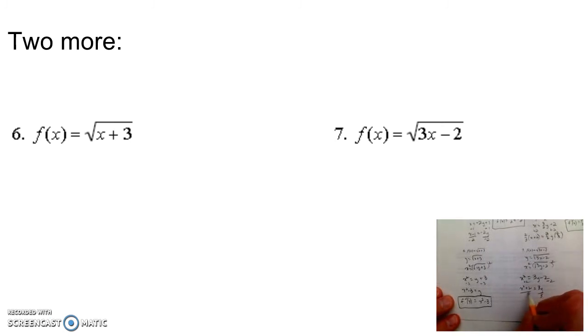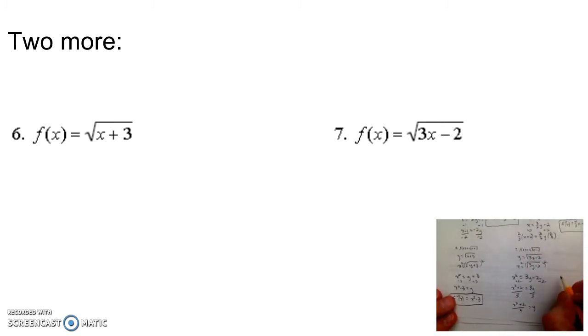Divide both sides by 3. And I can actually leave this in this form. So f inverse of x equals x squared plus 2 over 3.